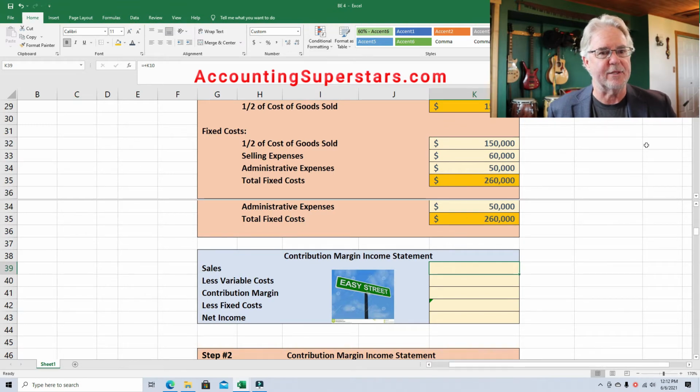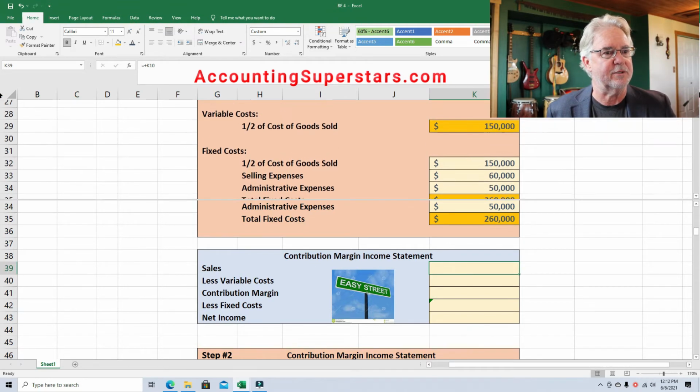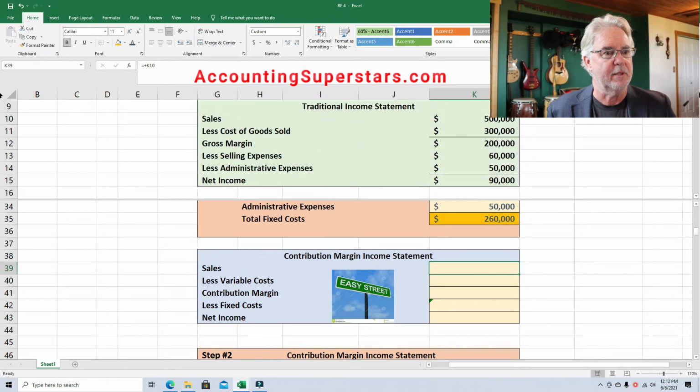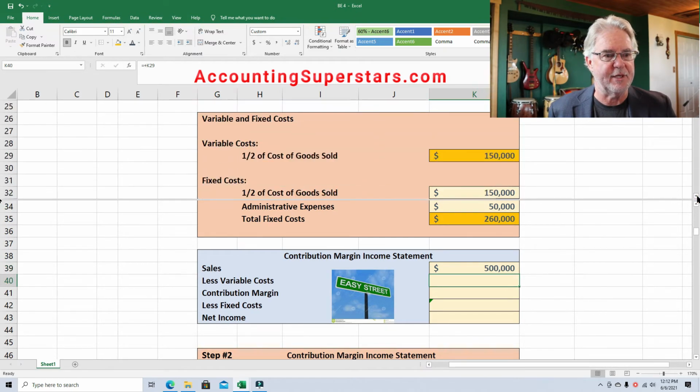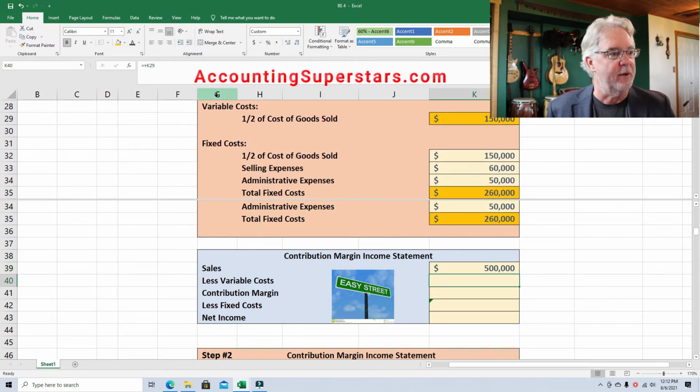So sales, let's see here. What was the sales? Here we go. Sales is right there, $500,000. So let's write that down in our little contribution margin income statement. Variable costs, well, we figured out what that was. Here it is, right here. Variable costs, 150 grand. Let's copy that number right down here.